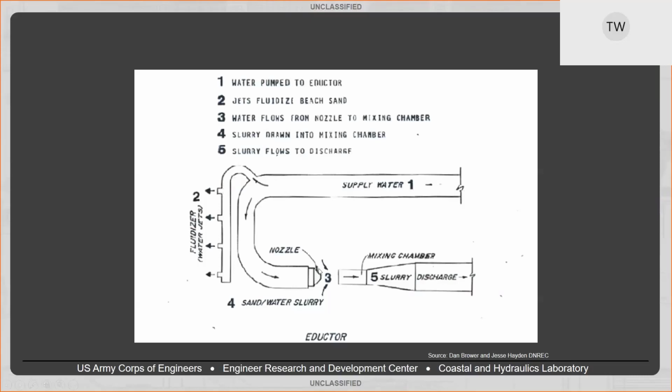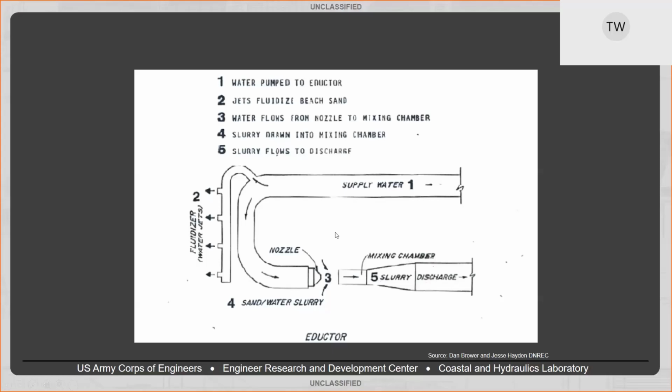It increases the velocity such that when it gets into the mixing chamber, it exchanges that momentum and fluidizes that slurry of sand and water, such that when it goes into the enlargement section of the pipe, that velocity energy is converted back mostly into pressure, and the slurry, the sand and the water, go out through the discharge. The beauty of this type of pump is that it has no moving parts.